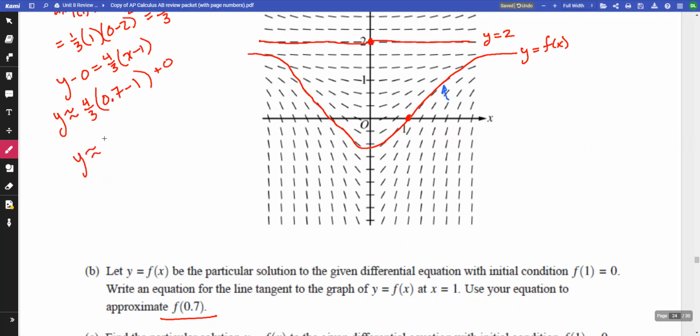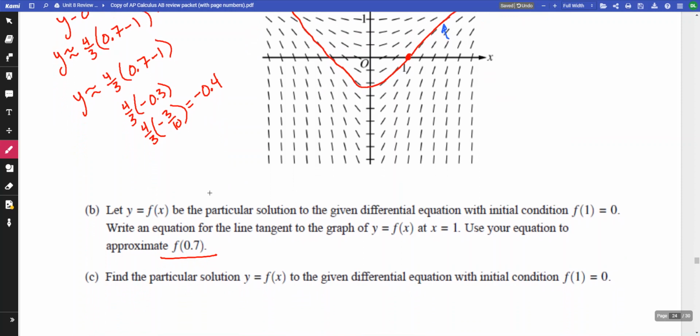That's satisfactory enough for our approximation. If we wanted to, we could say that's 4/3 times negative 0.3, the same as 4/3 times negative 3/10, which would be negative 0.4 as a multiple choice answer.